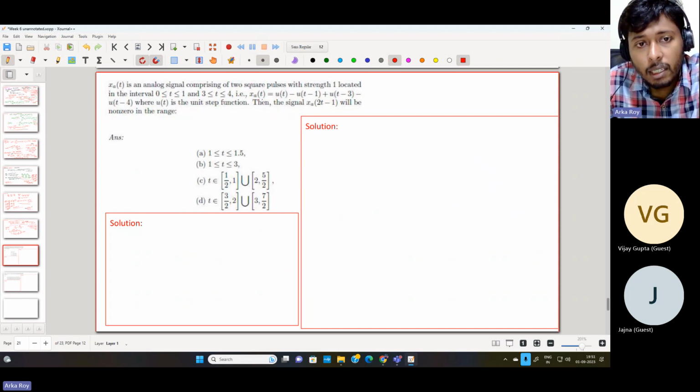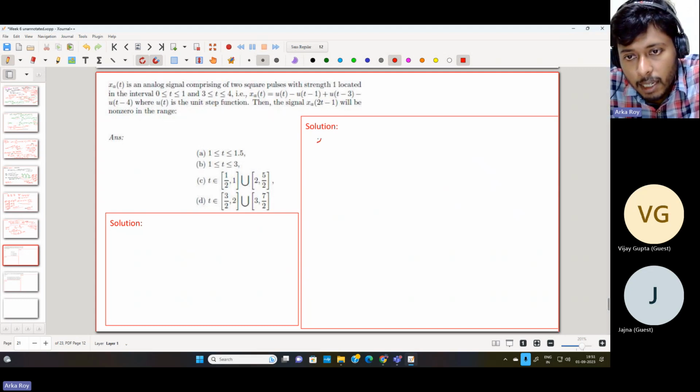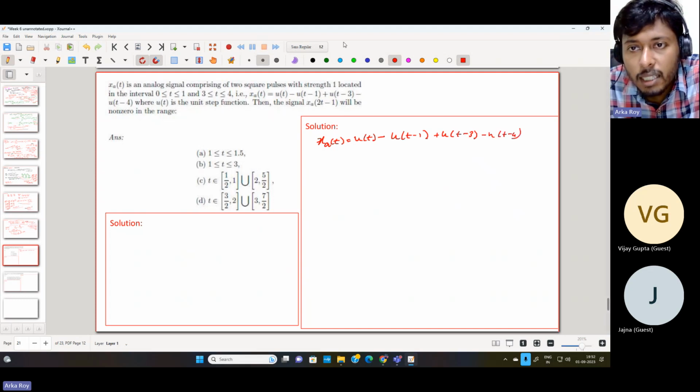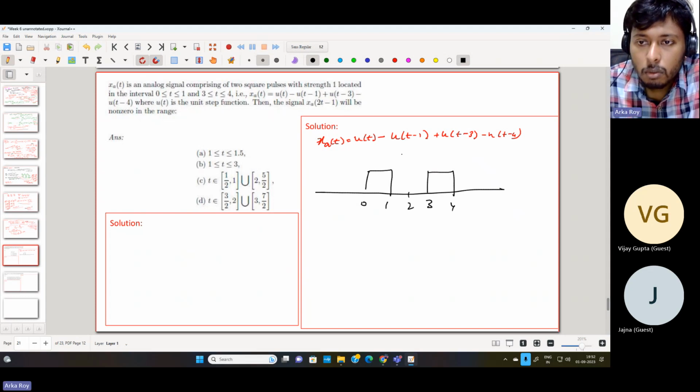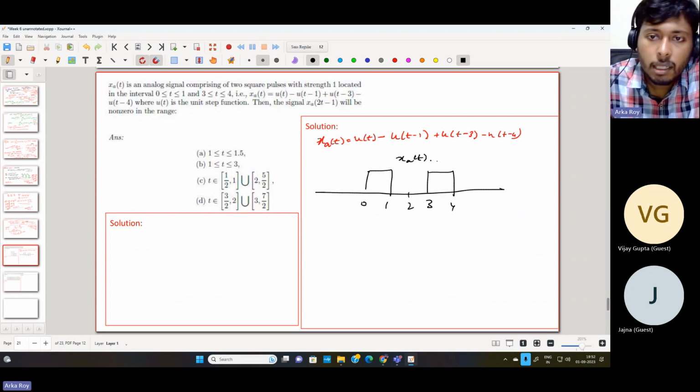And xa(t) can be written as u(t) minus u(t minus 1), plus u(t minus 3) minus u(t minus 4). So this signal actually looks like this: 0 to 1 and then 3 to 4. So this is what xa(t) looks like.